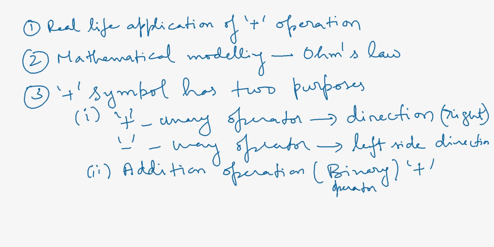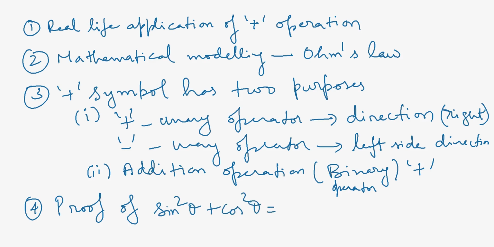And then we looked into the proof of a trigonometric identity: sine square theta plus cos square theta equals 1.